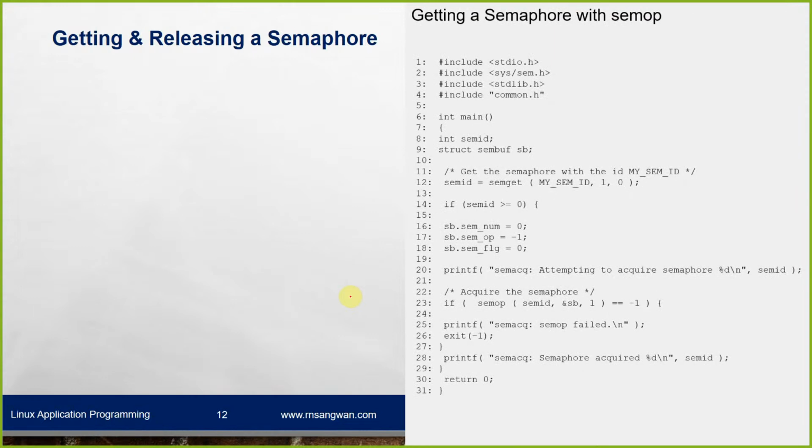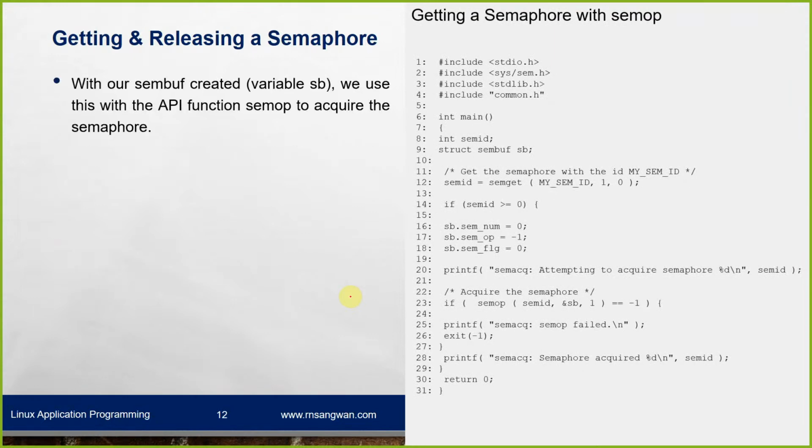Getting and releasing the semaphore, same program continued. With our sem buffer created, that is a variable sb, a structure sembuf, we use this with our API function semop, and we specify the semaphore ID and the address of the buffer.